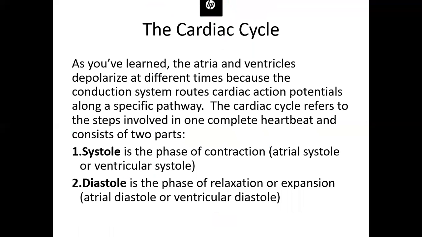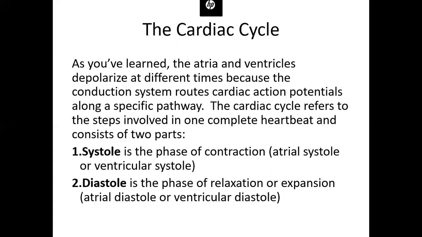Now, what I've been using on that page are terms like systole and diastole, which are very important components of what we call the cardiac cycle. Okay, so reading through. As you've learned, the atria and the ventricles depolarize at different times because the conduction system routes cardiac action potentials along a specific pathway.